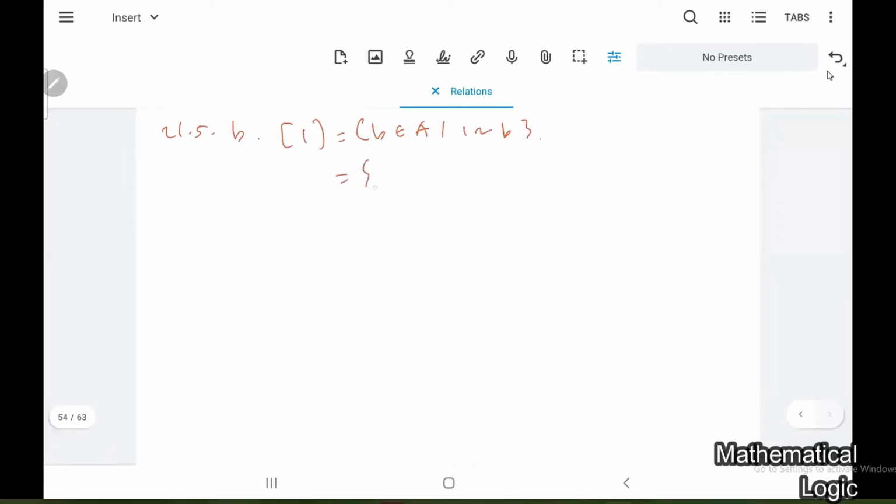So we have the curly bracket, B in A such that 1 times B is greater than 0. So B in A such that B is greater than 0. So every positive real number will be in this class.